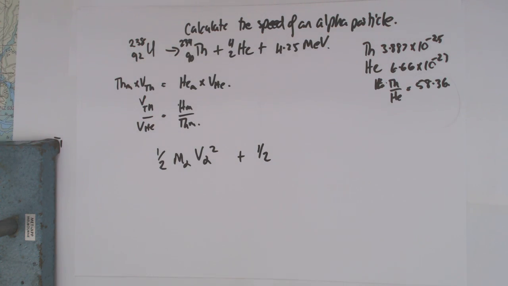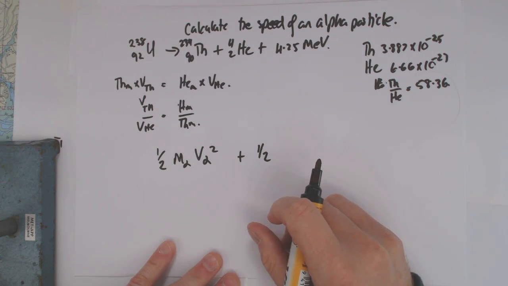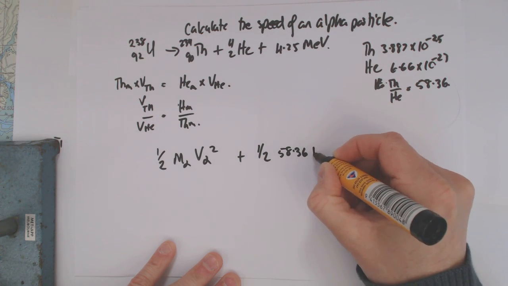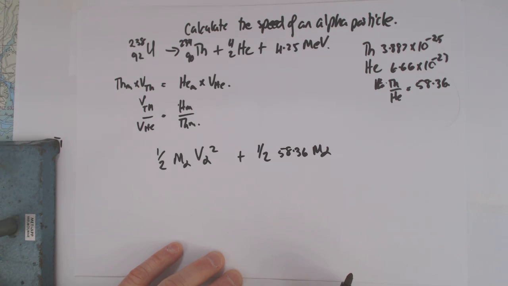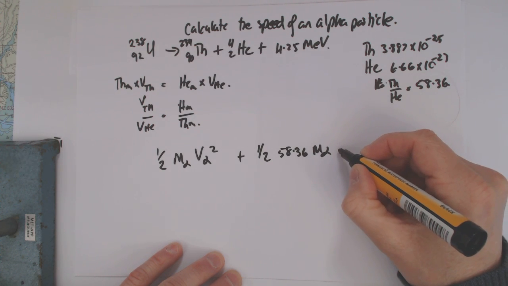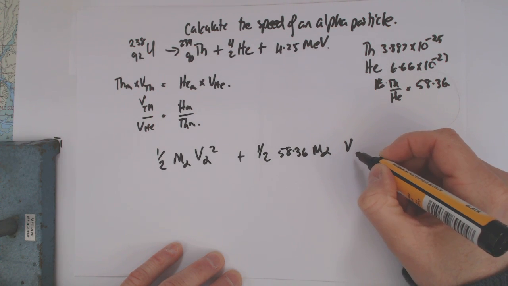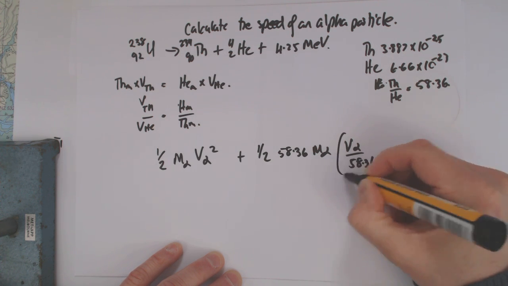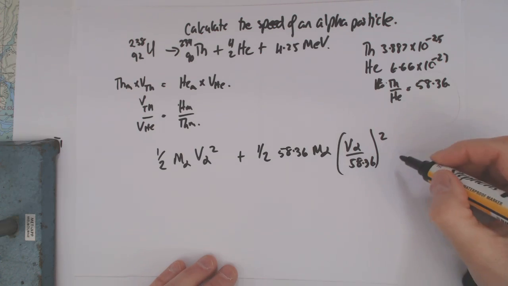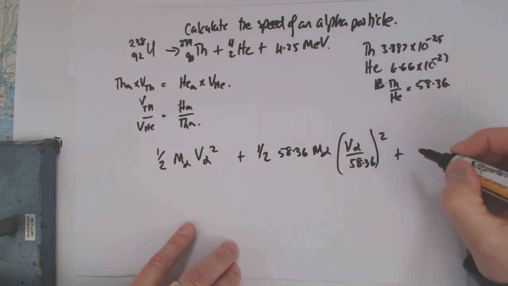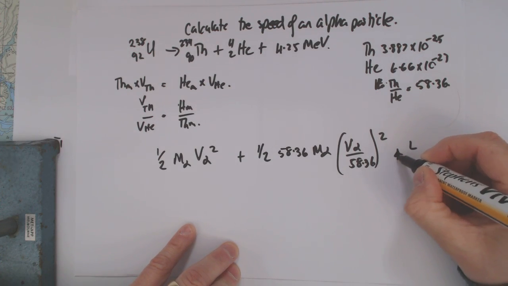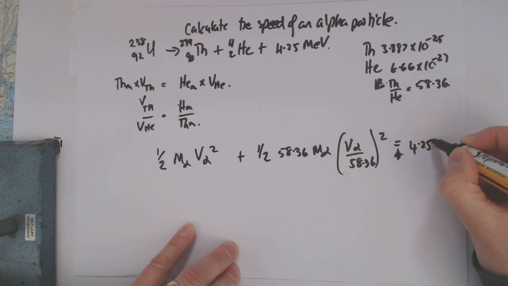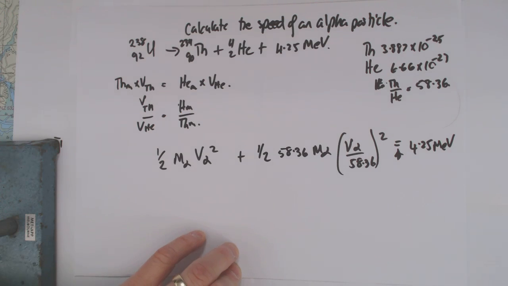Thorium has a mass which is 58.36 times the mass of alpha, and its velocity is 58.36 times less. Those two things must add up to the energy, which is 4.25 mega electron volts.